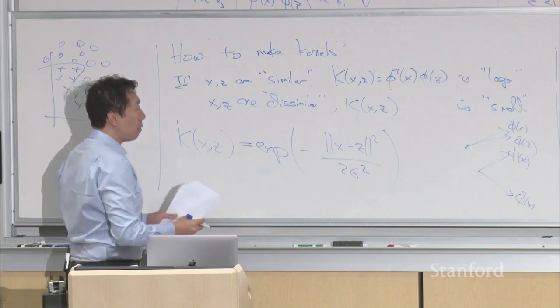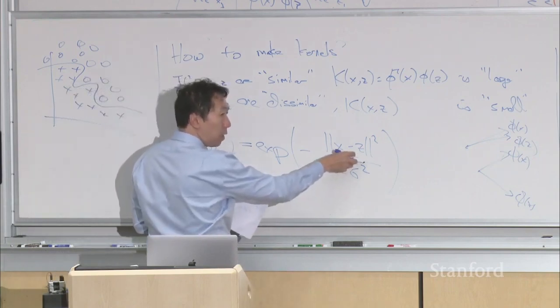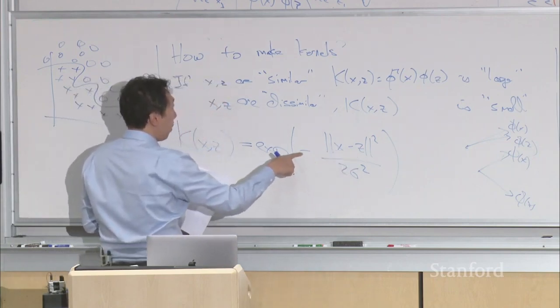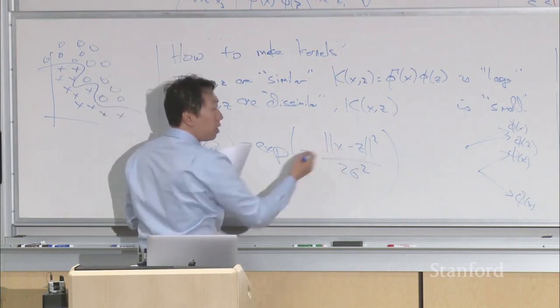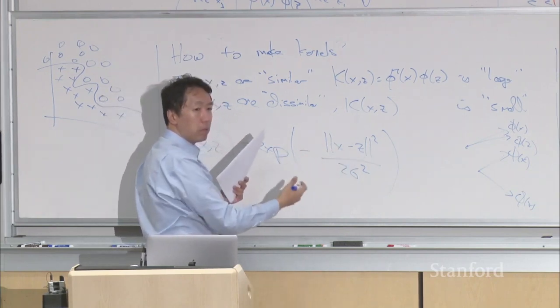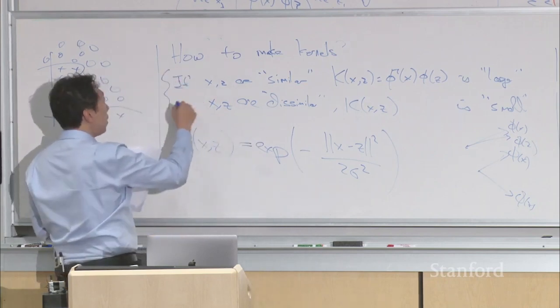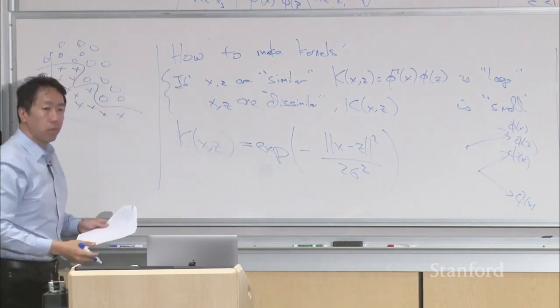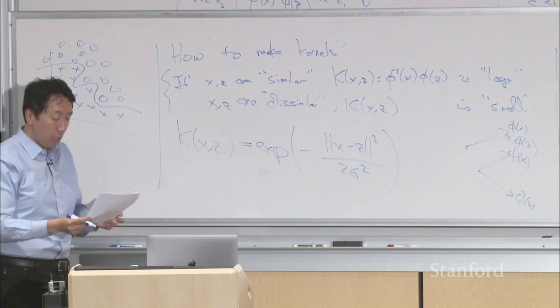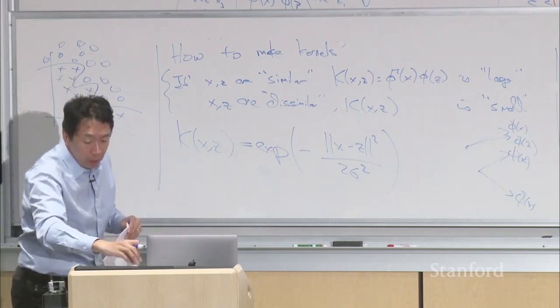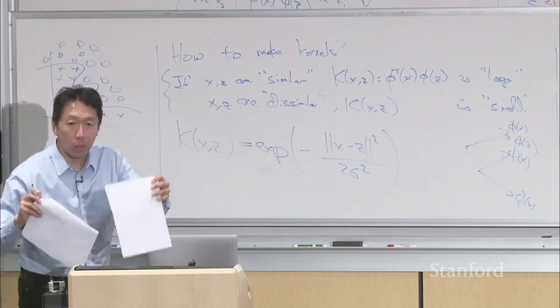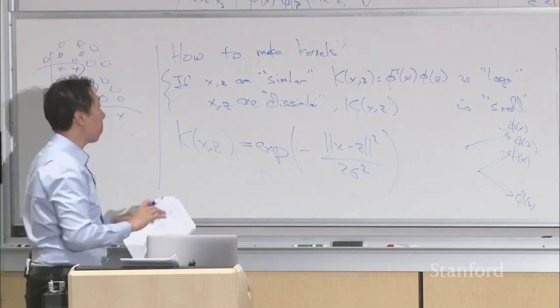And this does have the property that if x and z are very close to each other, then this would be e to the 0, which is about 1. But if x and z are very far apart, then this would be small. So this function satisfies those criteria. And the question is, is it okay to use this as a kernel function?